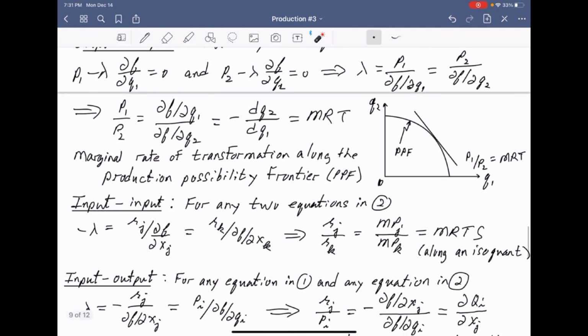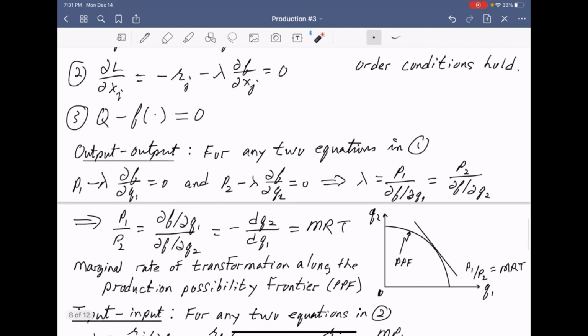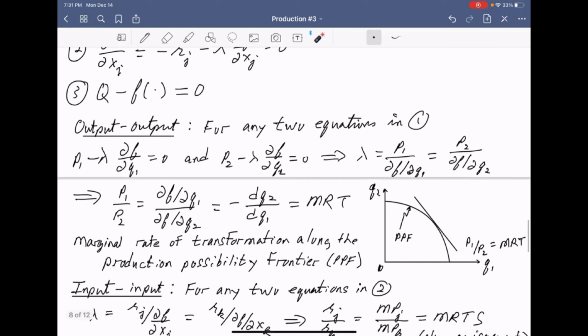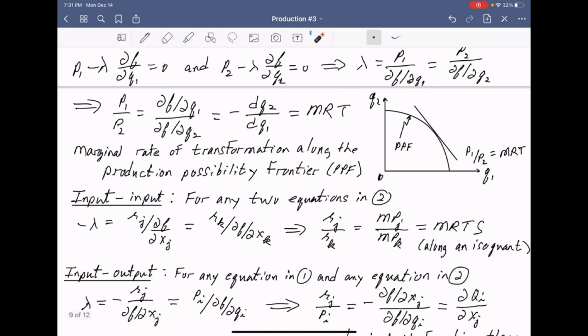So we can also look at two equations in result 2 here, and that basically gives us something similar to what we had done with one output and two inputs.